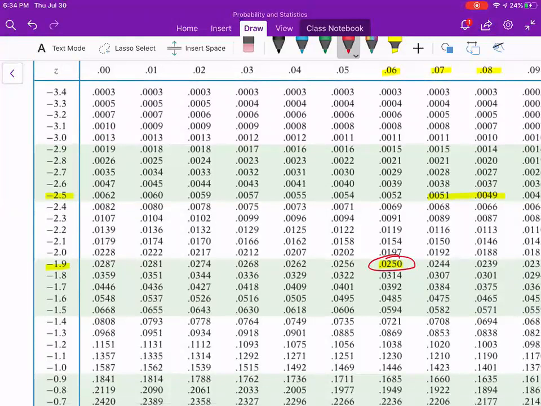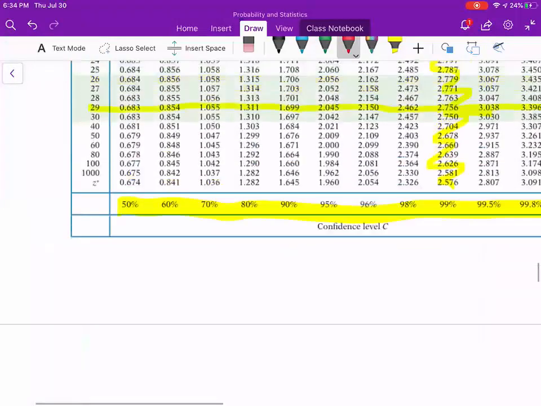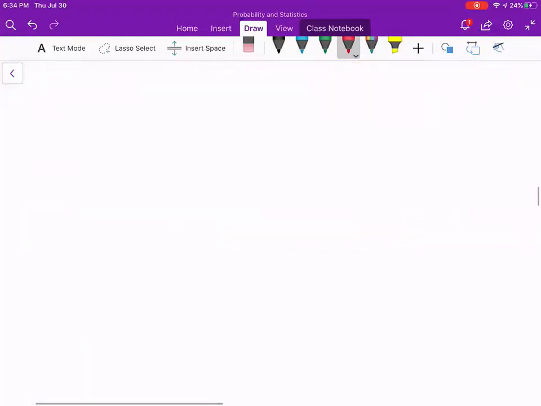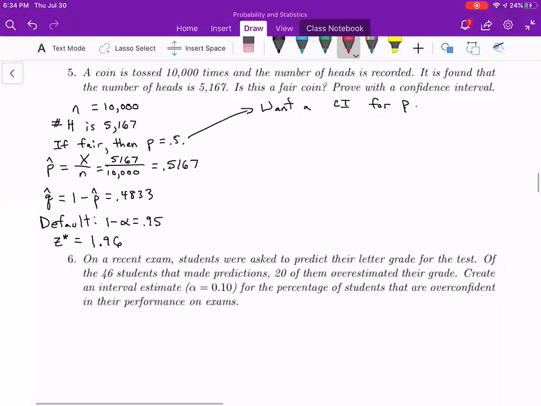Instead of using a z-score to get a probability, you have a probability and you're going to get its z-score. You'll see that it's in the negative 1.9 row and 0.06 column. So negative 1.96 is the z-score. For confidence intervals, since you're adding and subtracting, just using the positive version is fine. So that's why I wrote 1.96 here, which you would then plug in to your interval.